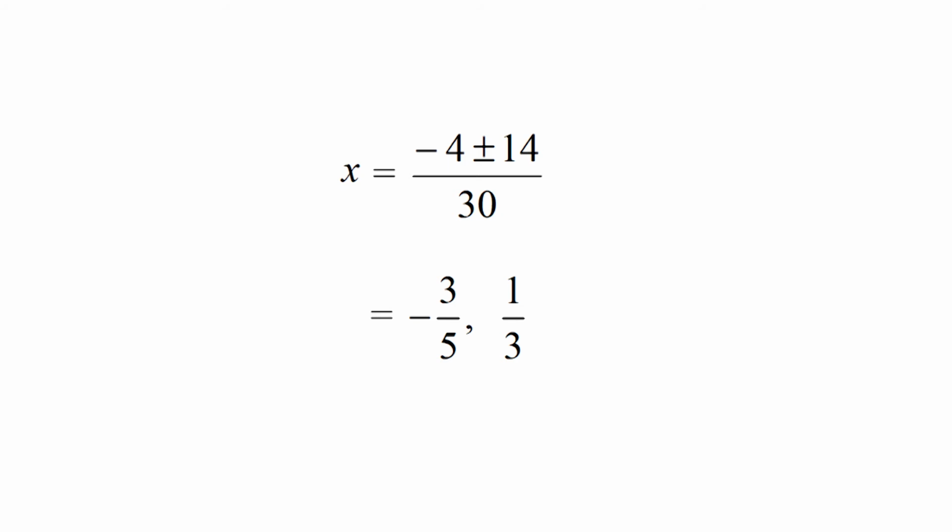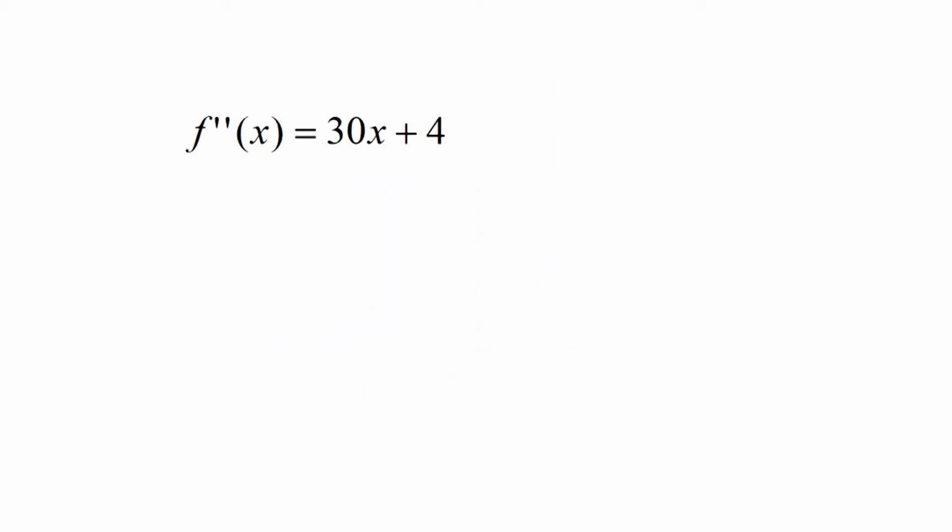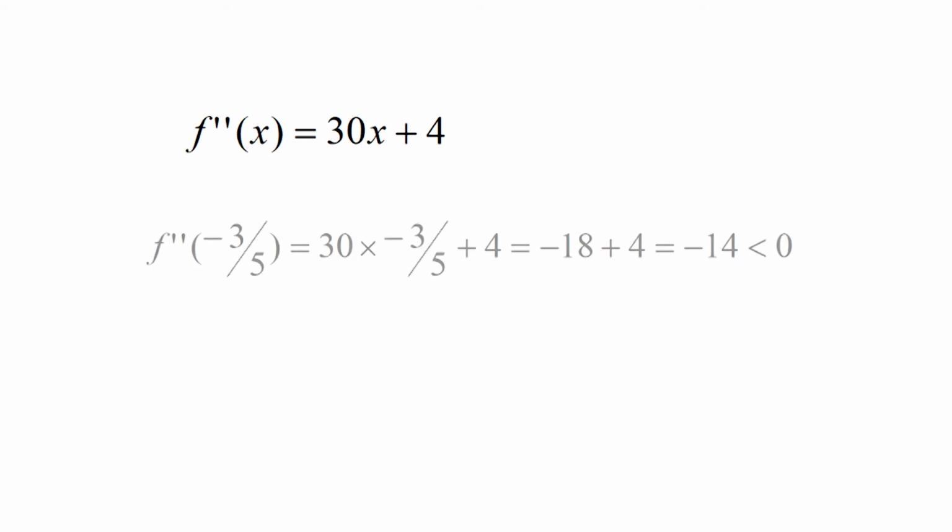Thus, we get two extrema, -3/5 and 1/3. Now, we apply the second derivative test to classify them as local maxima or minima. We have f''(x) = 30x + 4. Thus, f''(-3/5) = 30 × (-3/5) + 4, which is equal to -18 + 4, which is equal to -14, which is less than 0.